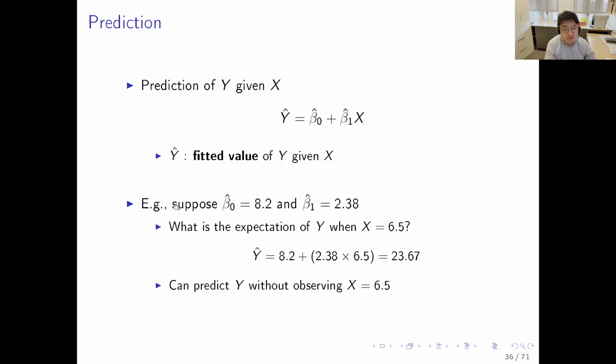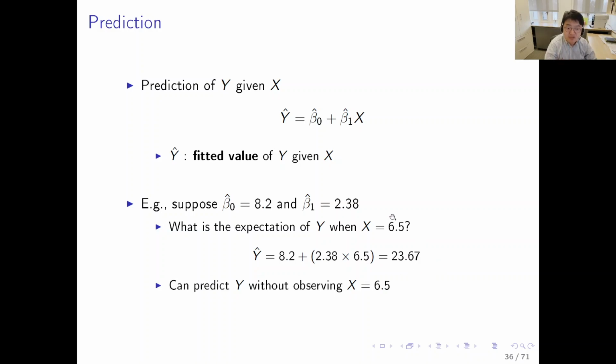And in our original simple example of cost and output, the fixed cost was estimated to be about 8.2, and the marginal cost was about 2.38, right? In this case, we can predict the total cost when you produce 6.5 units. So 6.5 times the marginal cost plus the fixed cost is your predicted cost, or fitted value.